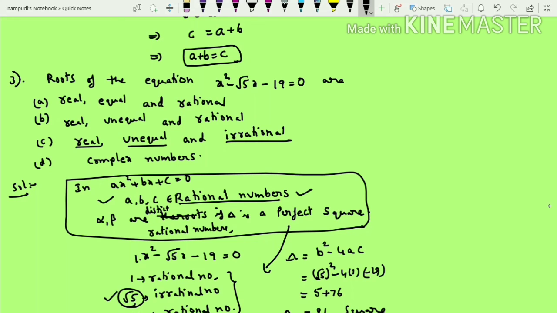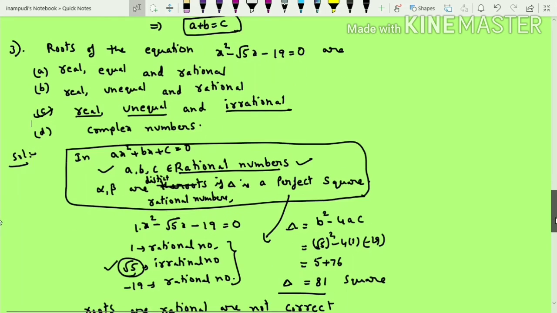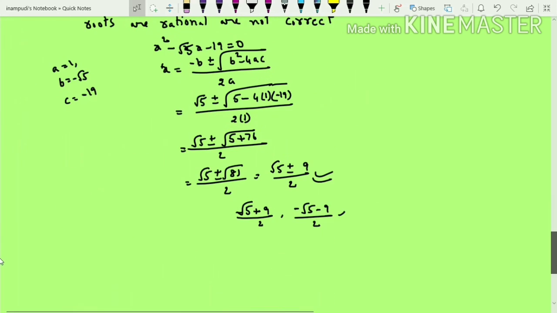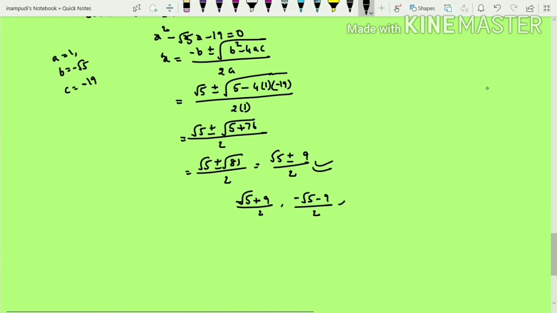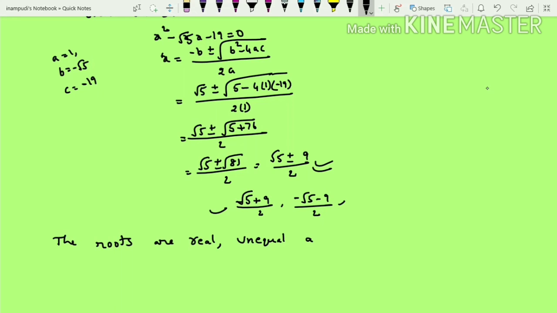So the answer is C. The roots are real, unequal and irrational. The third option is correct. Okay, thank you.